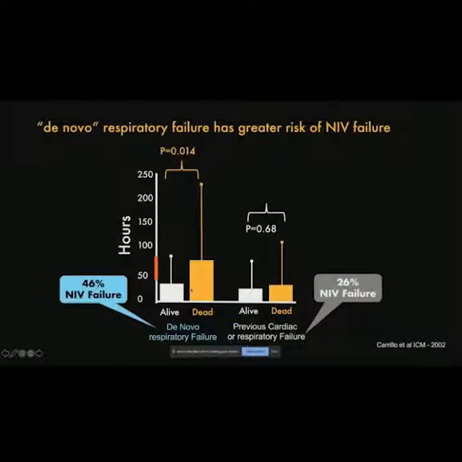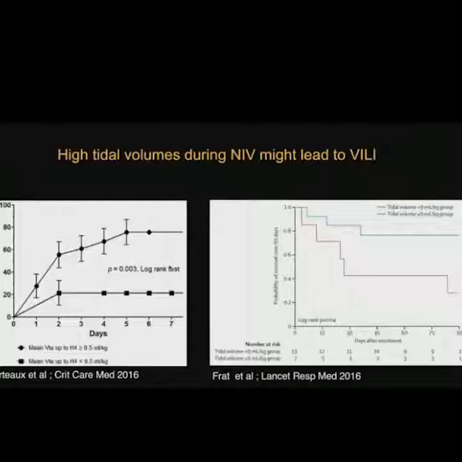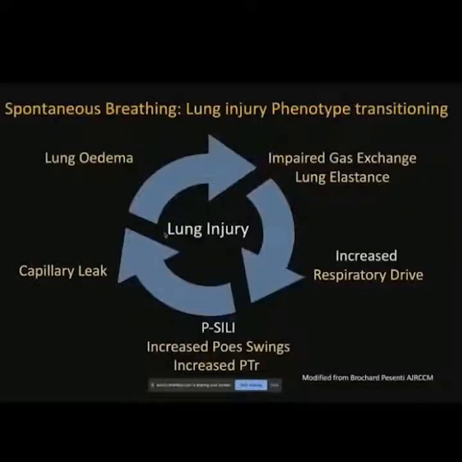And he also cited literature that looked at high tidal volumes during non-invasive ventilation, greater than 9 mLs per kilogram, which were associated with a greater amount of ventilation-induced lung injury and, as a result, greater mortality. So in general, what he looked at was this cycle. Essentially, patients would have impaired gas exchange from increased lung elastance and work of breathing.